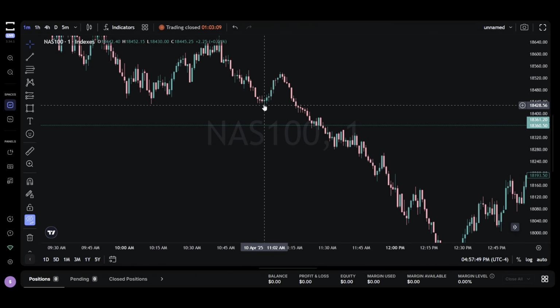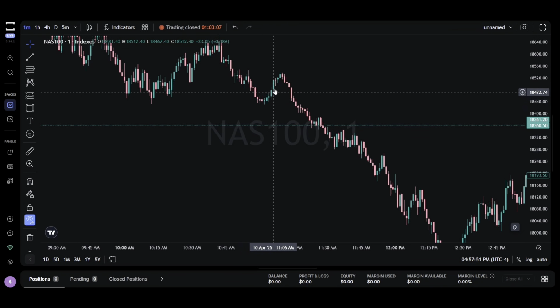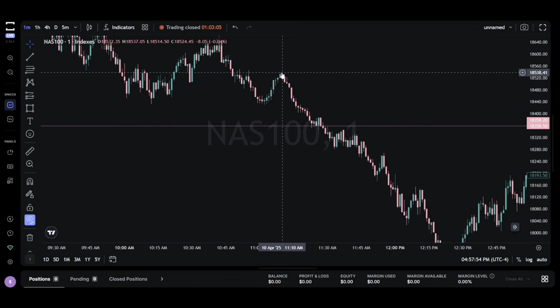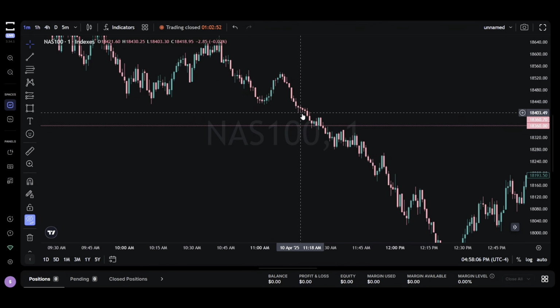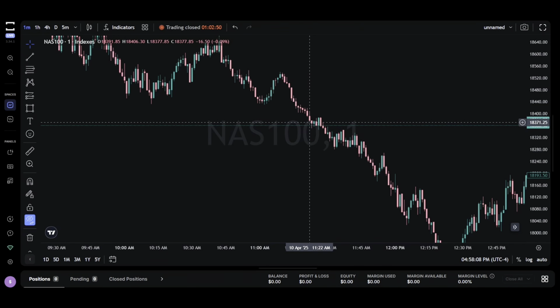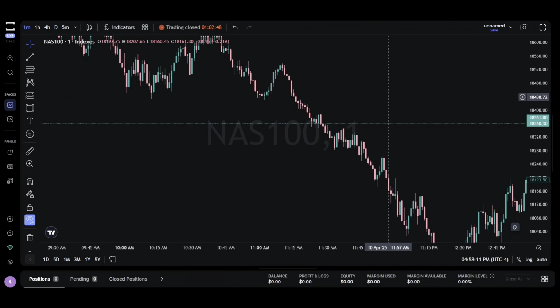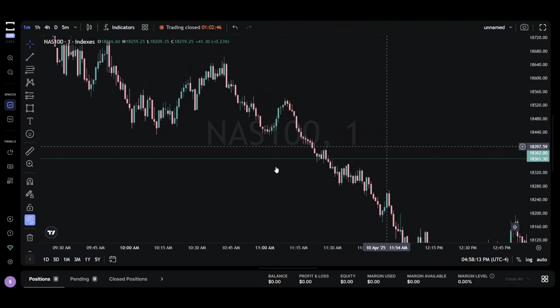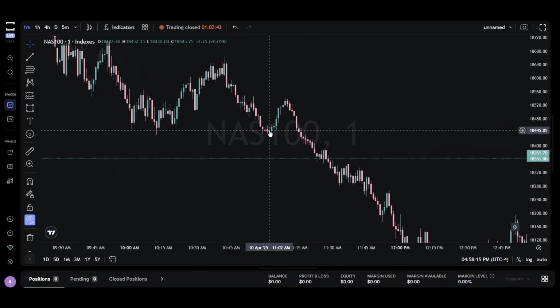So basically, if the buyers are winning, you have the price moving up and you get bullish. When the sellers are winning, you get bearish candles and price moving down. So that's kind of a simple way to understand the candlesticks.